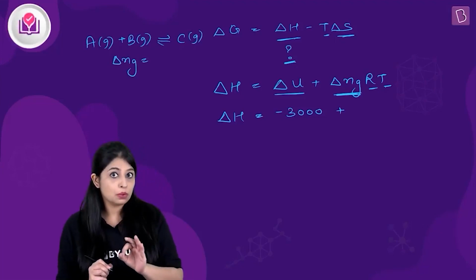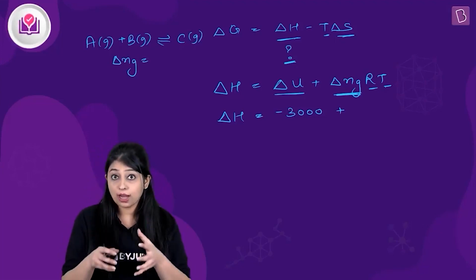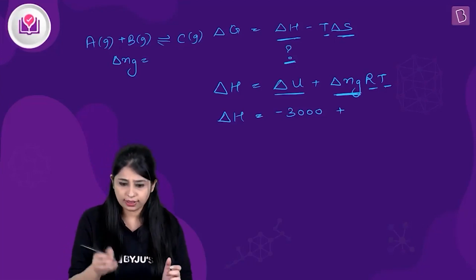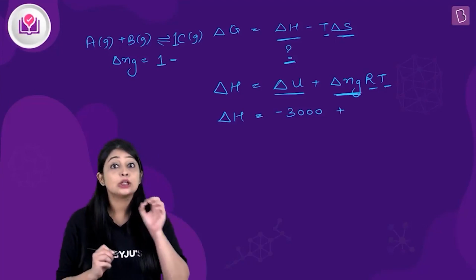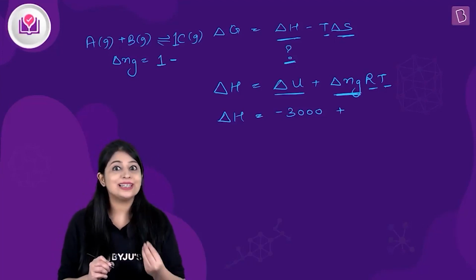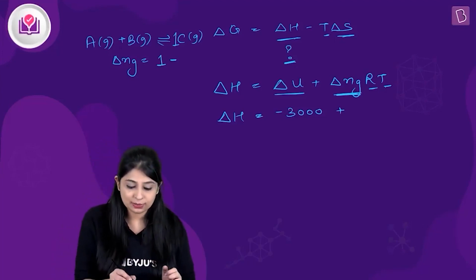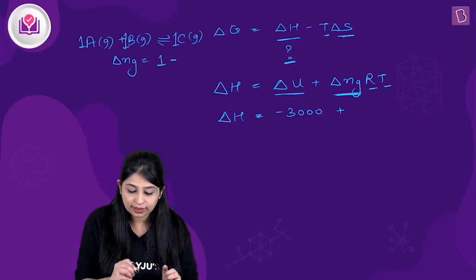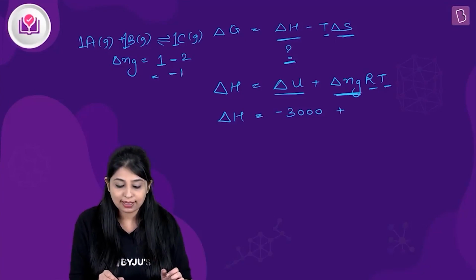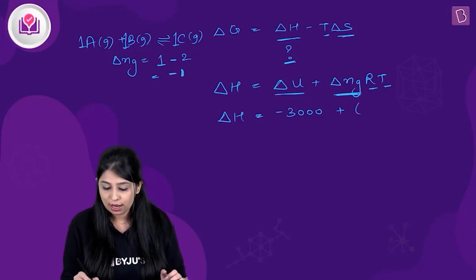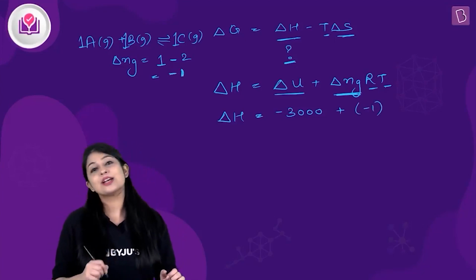Total number of moles of product in the gaseous phase, which is what? 1, right? The coefficient is 1 here. So 1 minus total number of moles of the reactant in gaseous phase. That is what? 1 plus 1 here. That is 2. So delta Ng value comes out to be minus 1. So minus 1 into R. So what do we know?